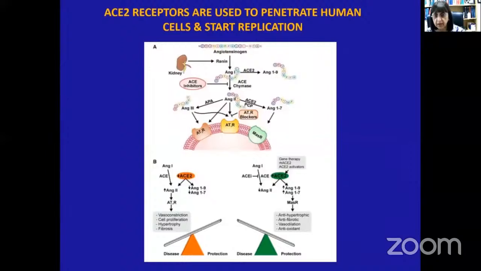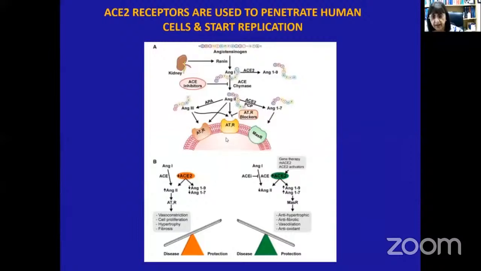So in this schema, I show you the renin-angiotensin system where angiotensin is converted to Ang1 and then Ang2, and has ACE and ACE2 enzymes either promoting the conversion of Ang1 to Ang2 and then going down the left side of the screen where you have binding to the receptors that Ang2 binds to, and the result of that is vasoconstriction, cell proliferation, hypertrophy, and fibrosis, all of which can lead to diseases.